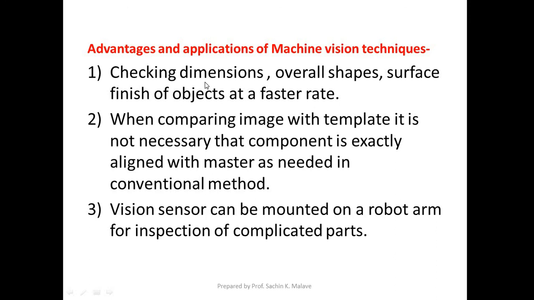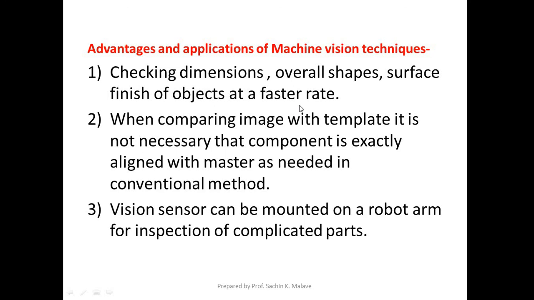It can also check the surface finish of objects. It can check the surface roughness, which we have already seen. And very importantly, all these things are done at a very fast rate. You can say it is online inspection.